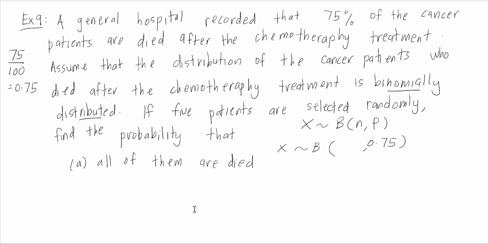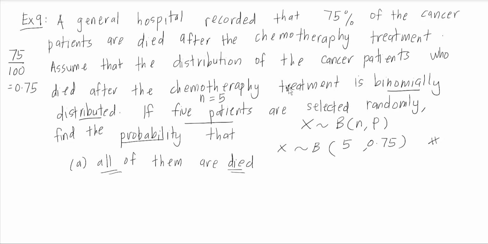If 5 patients are selected randomly, that means this 5 is the number of trials. We have the total number of patients as 5. So this is the binomial distribution. Now the question asks you to find the probability that all of them died.